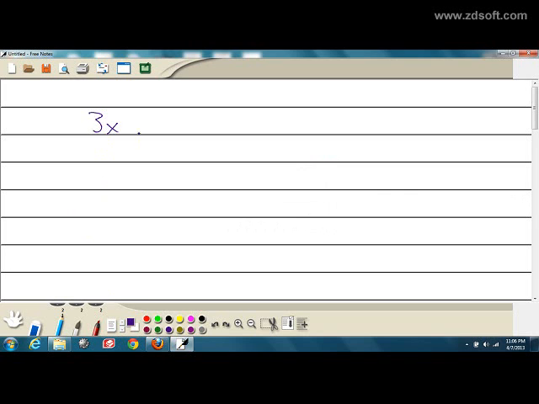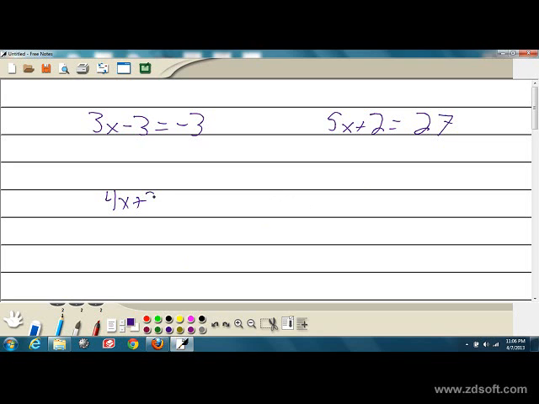So it's 3x minus 3 is equal to negative 3. Then also do 5x plus 2 is equal to 27. 4x plus 3, divided by 5, is equal to 3.